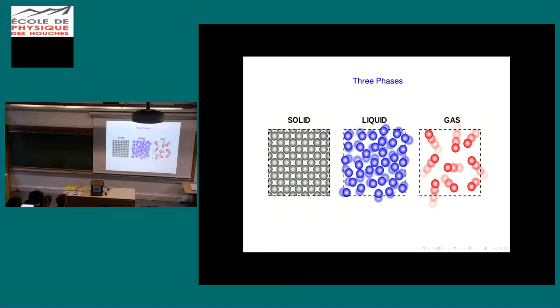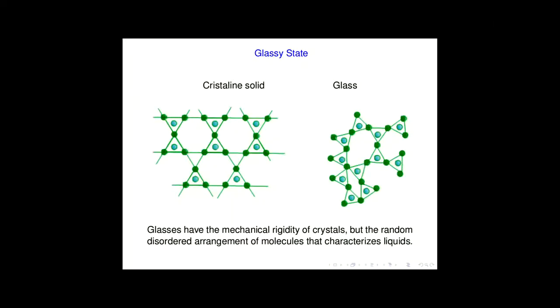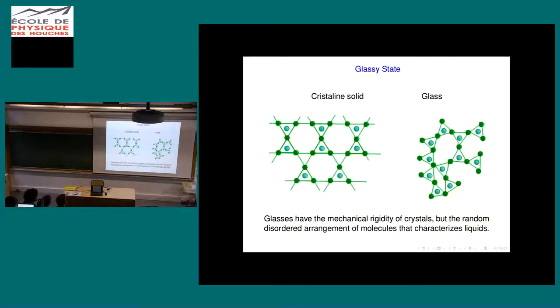However, if you look at the solids which are around us, most of them do not have this ordered structure, but rather a disordered structure, like a glass. So we have of course glass here, which is solid, but which also has a disordered structure, so it doesn't have a crystalline structure, and it's more like a fluid with a very high viscosity.